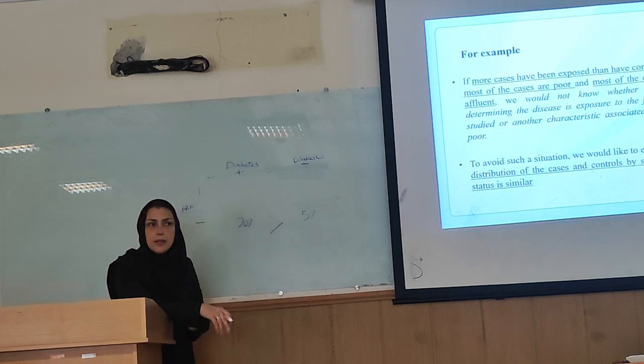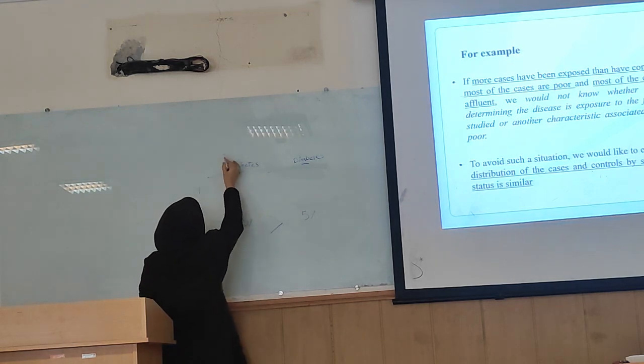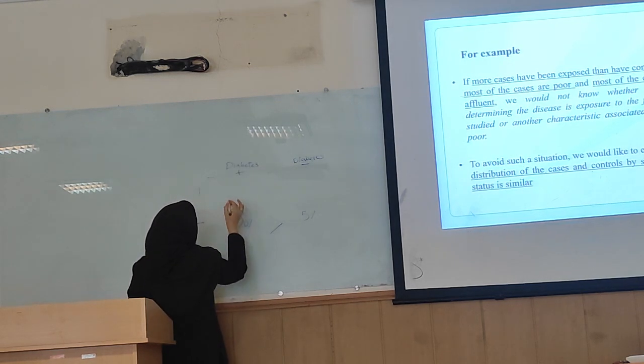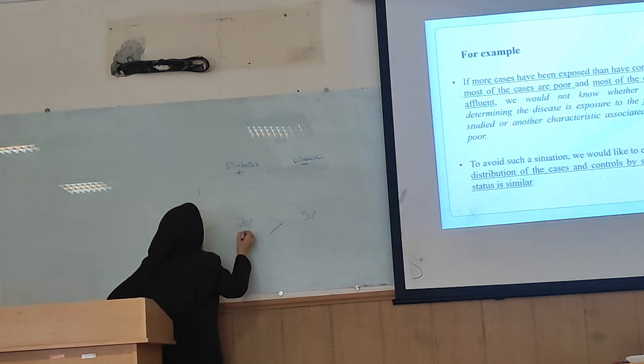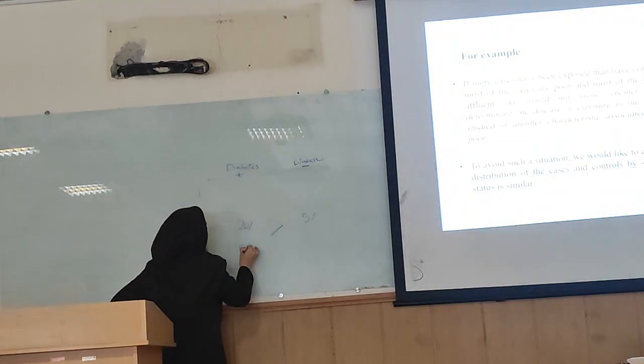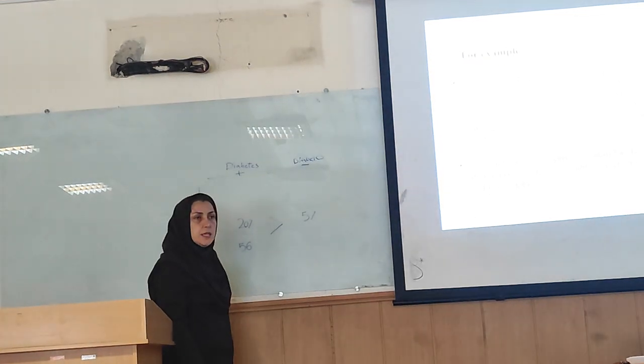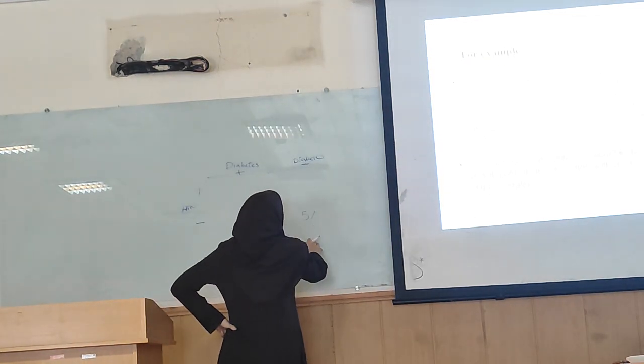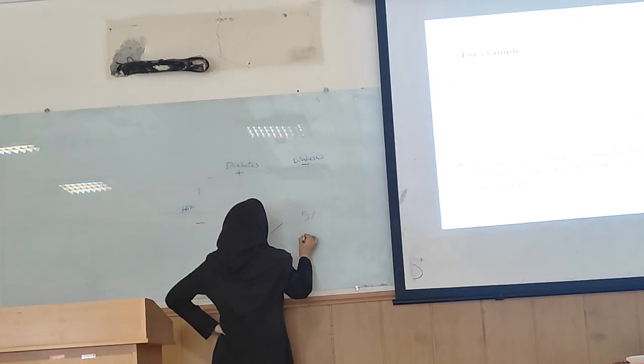But I tell you that the mean age of the diabetic population is, for example, 56, and the mean age of the healthy population is, for example, 13.